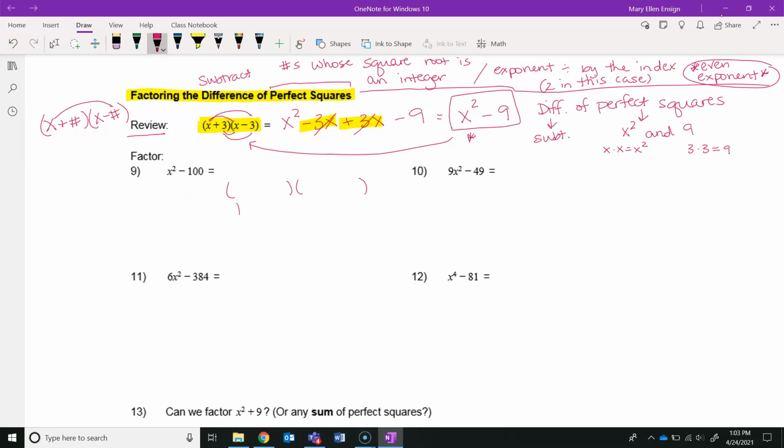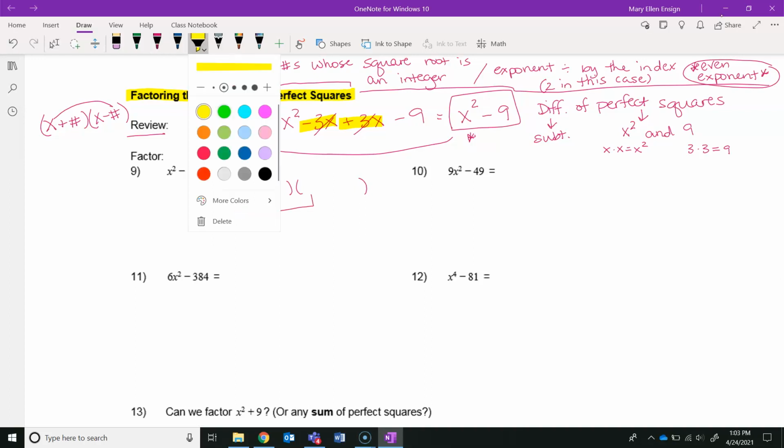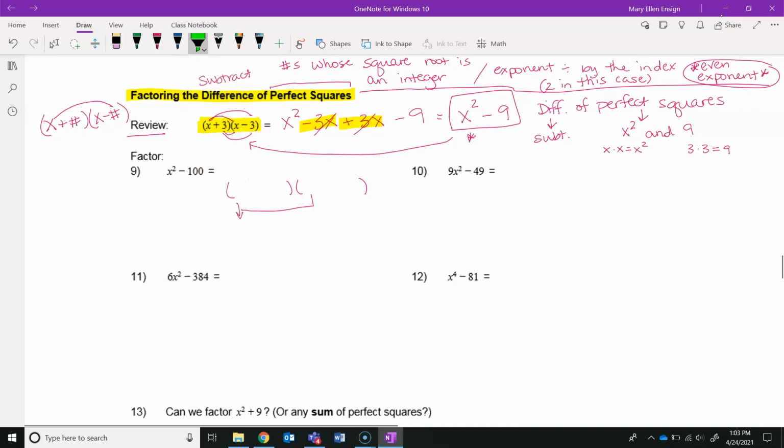And here's what happens: in this first spot of each binomial is the square root of the first term. In this case, x squared.